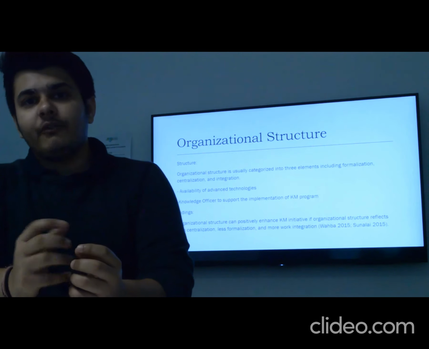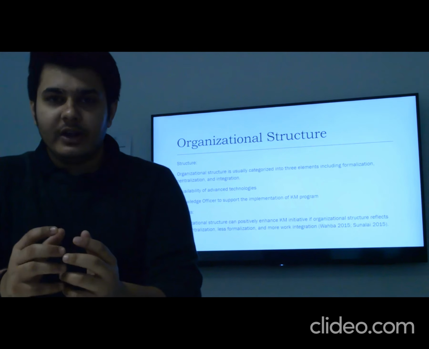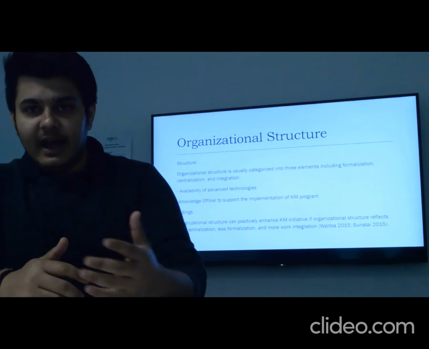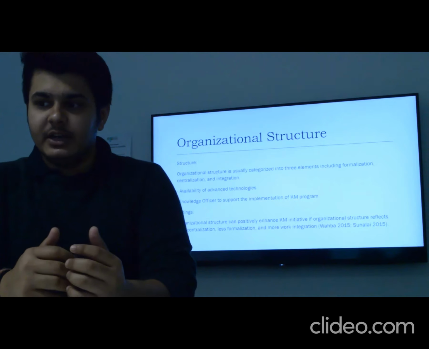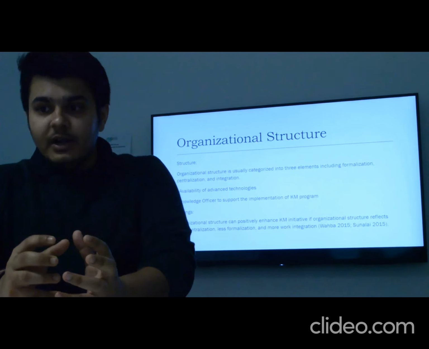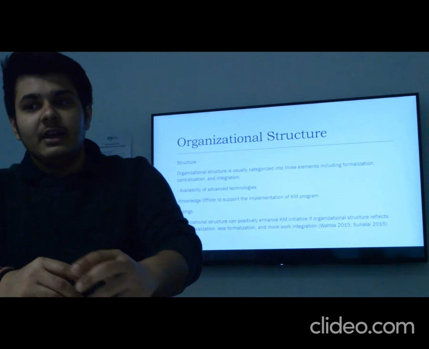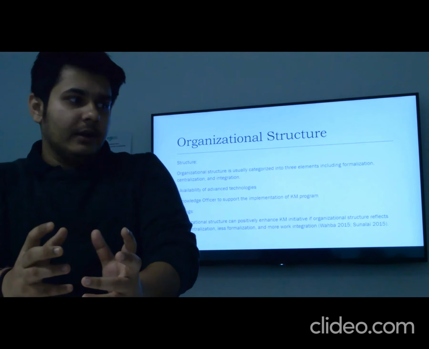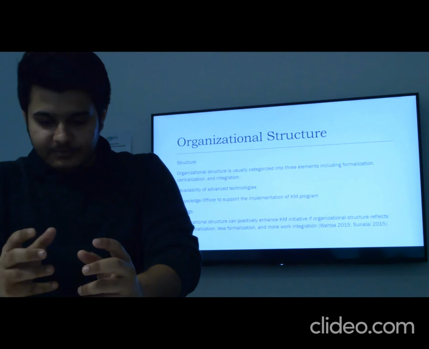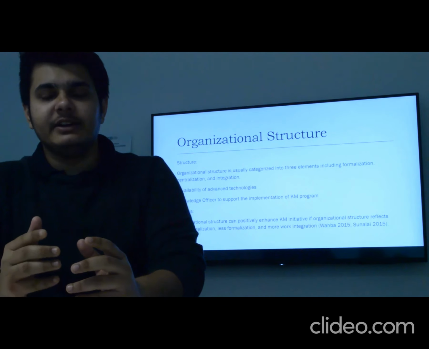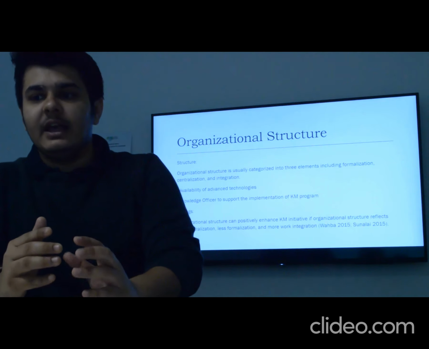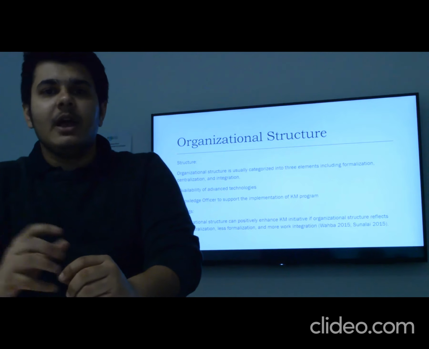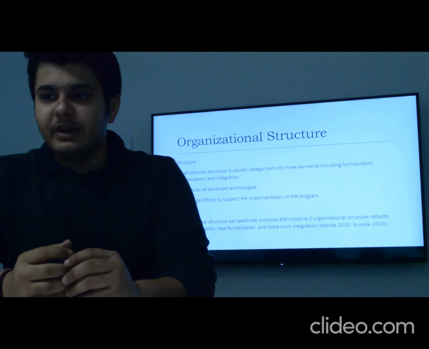What I have found through the research is that organizational culture can positively initiate or enhance knowledge management initiatives if the organizational structure reflects less centralization, less formalization, and more integration. There has been a debate, and I found two other literature reviews saying there has to be more centralization or more formalization, but I found this to be more appropriate.